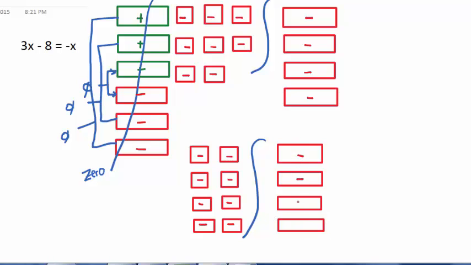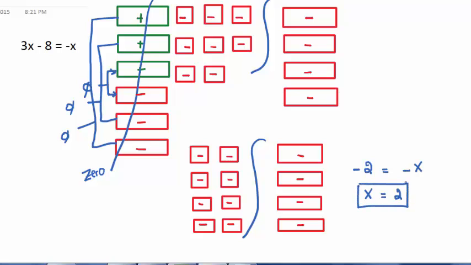As you can see, I didn't change anything. And now if I want to write that, I'm going to say that negative 2 equals negative x. And after that, if I switch the places, I can say that x equals 2.